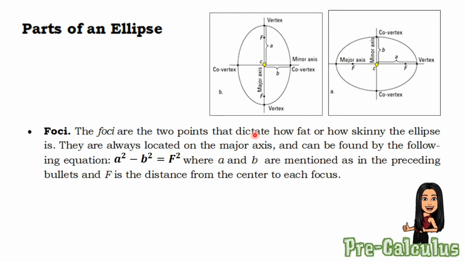In our first graph here, our ellipse is vertical. So, if your ellipse is vertical and the center is at the origin, ang focus mo ay isang positive at isang negative. Kapag naman meron tayong horizontal na ellipse, and again, our center is at the origin, parehas lang din, we will be having a positive and a negative focus.